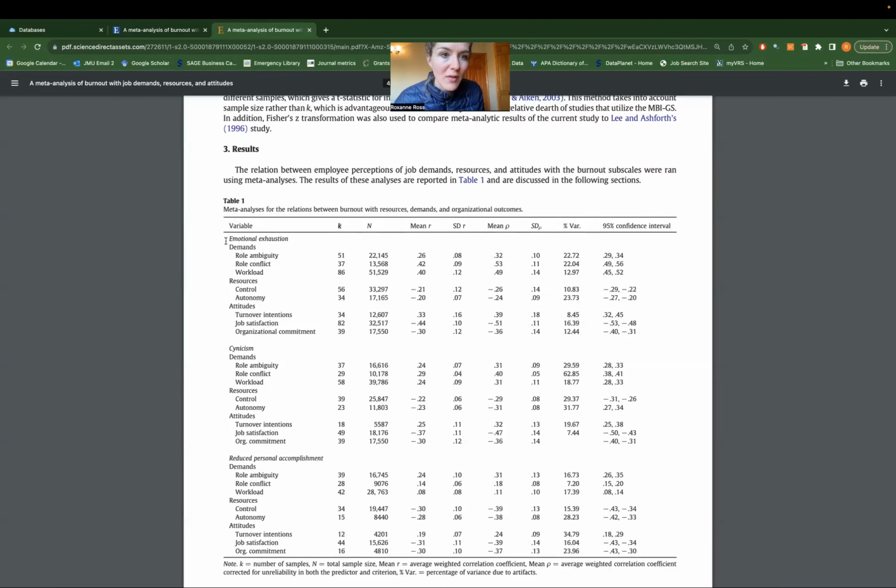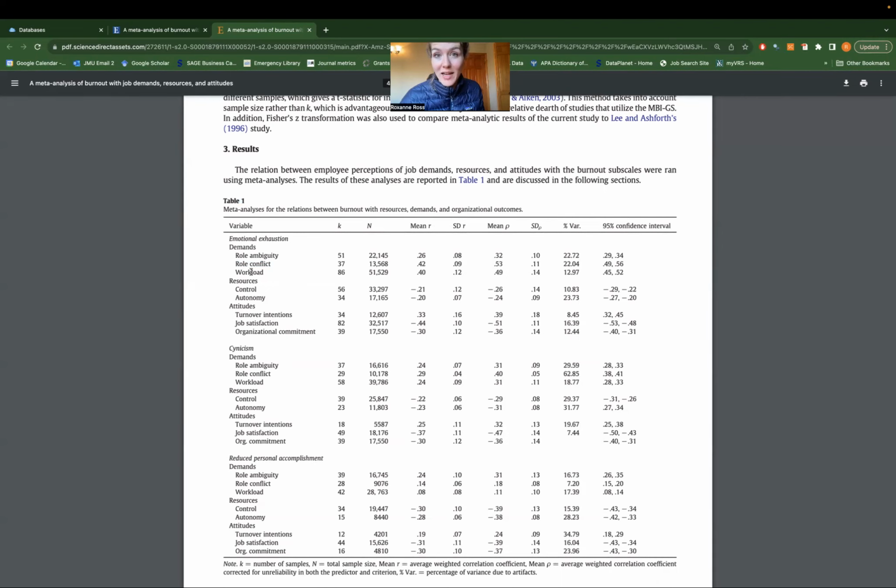So this means that they're looking at the relationship, in this case, between emotional exhaustion as a component of burnout and demands of the job: role ambiguity, role conflict, and workload. Role ambiguity is not knowing what you're supposed to do. Role conflict is: if I do one thing, then I can't succeed at another. If you remember from our claims adjuster case, some of them mentioned, I feel like if I succeed on one of my metrics that I'm being measured on, then I'm going to fail on the other. So that's what that means.